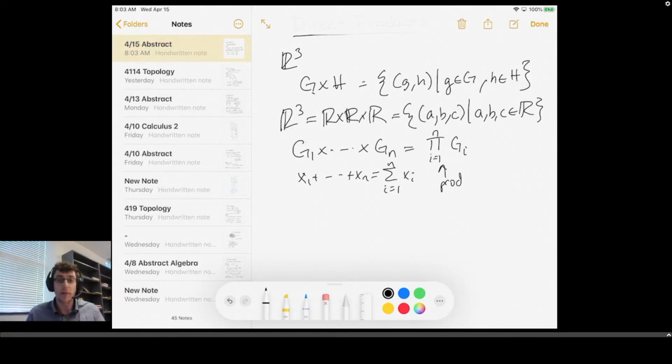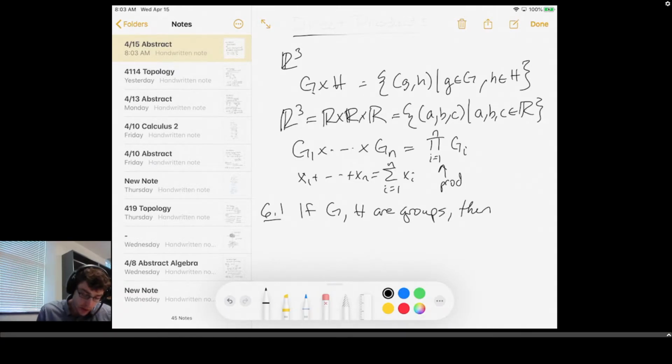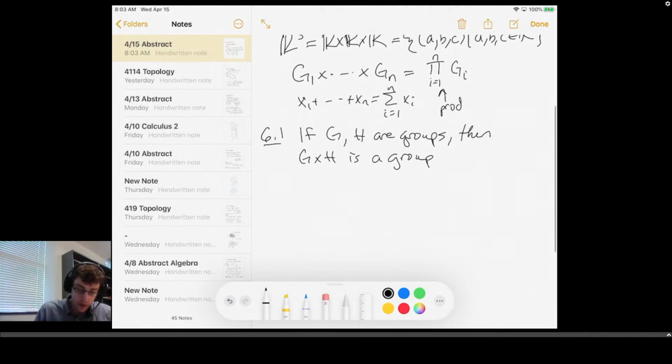To actually make it the direct product, we have to give it a group structure. That was what you were doing in 6.1. So if G and H are groups, then G cross H is a group where the operation is: you take two things, say (G1, H1) star (G2, H2), and this is just going to be (G1G2, H1H2).